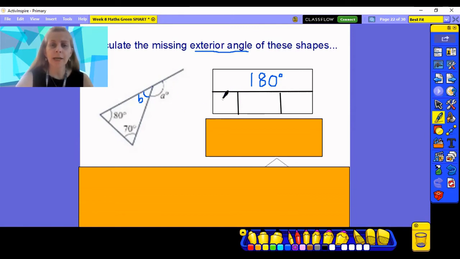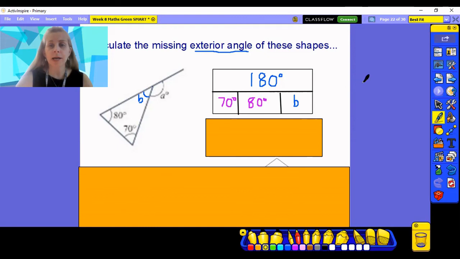We've got our 70 degrees that we already know, and 80 degrees known to us, and we are missing this angle here. So like we have done before, we will need to work that out.